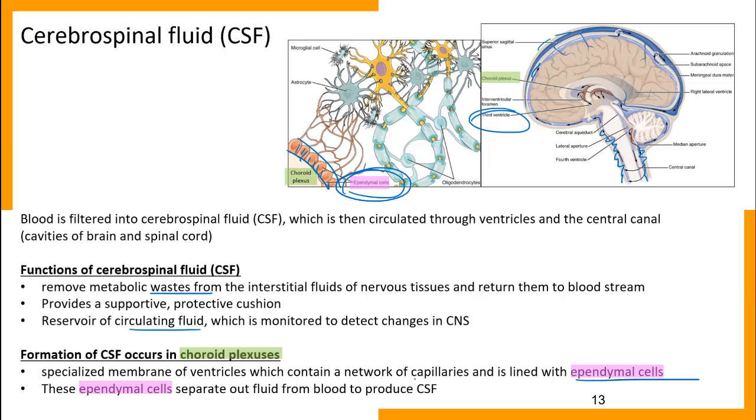And so the blood in the network of capillaries in the choroid plexus is filtered through the ependymal cells to produce cerebrospinal fluid. So the main difference between cerebrospinal fluid and blood is that it contains no cells. So there's no white blood cells or red blood cells or platelets in cerebrospinal fluid, whereas all those cells are found in blood.